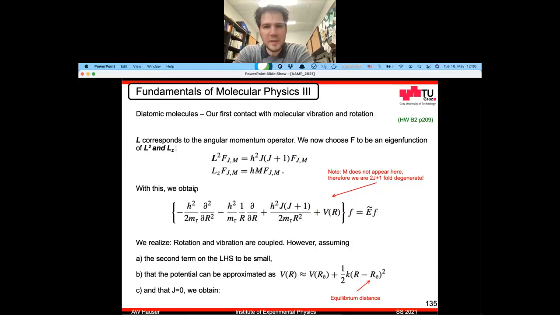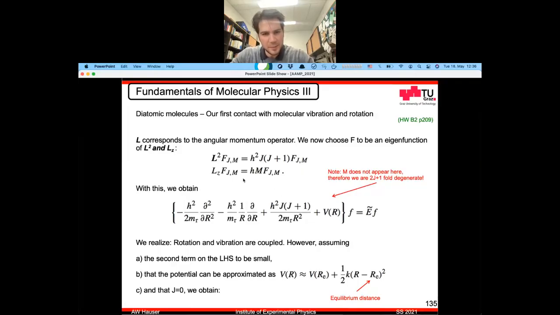Okay, so with this, we now obtain an equation. The remaining part of this Schrödinger equation for the nuclei looks like this. We had this second derivative with respect to r. Then we have one first order derivative. Then we have our term where the angular momentum came in.